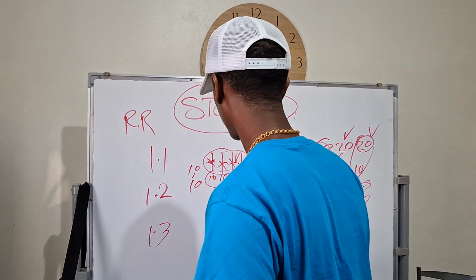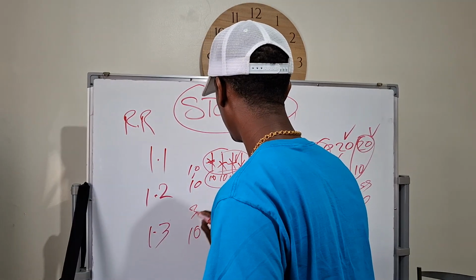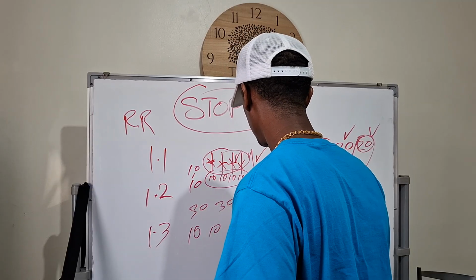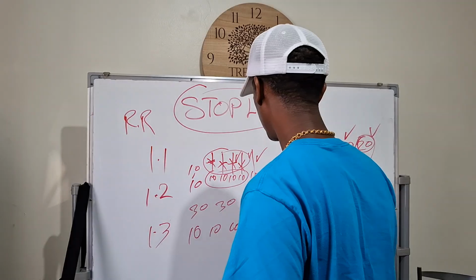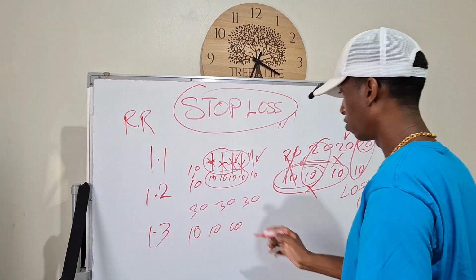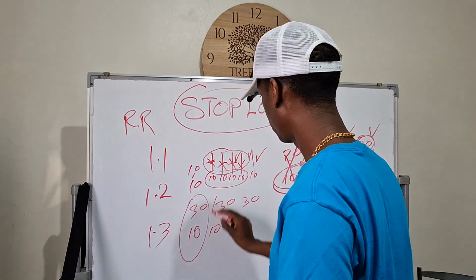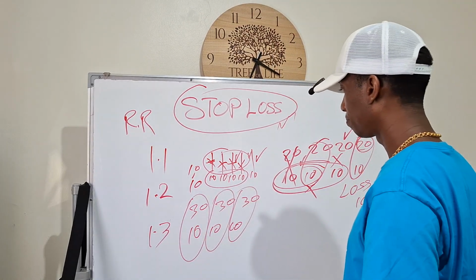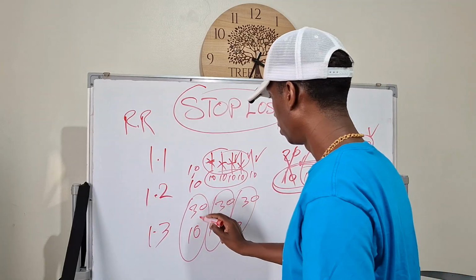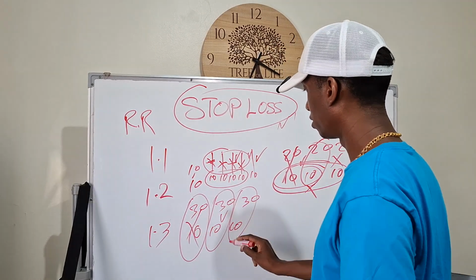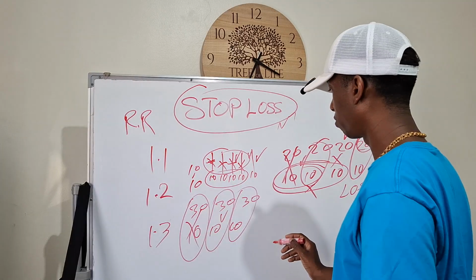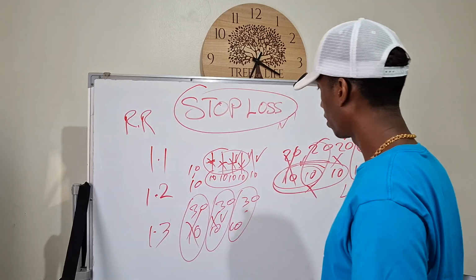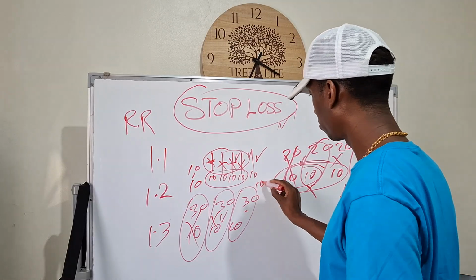1-to-3. 10 for 30. And you will see as I go up and spread it out more, 10 for 30, 10 for 30, 10 for 30. That's a 1 to 3. What happened there now? If you lose this one and you win this one, you have a 20 profit. If you lose this one and you win this one, you have a 10 profit.